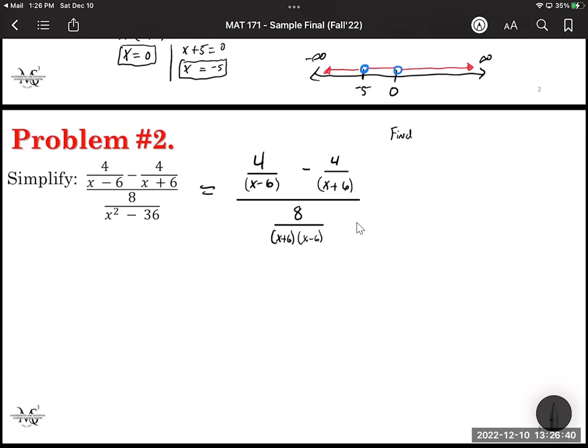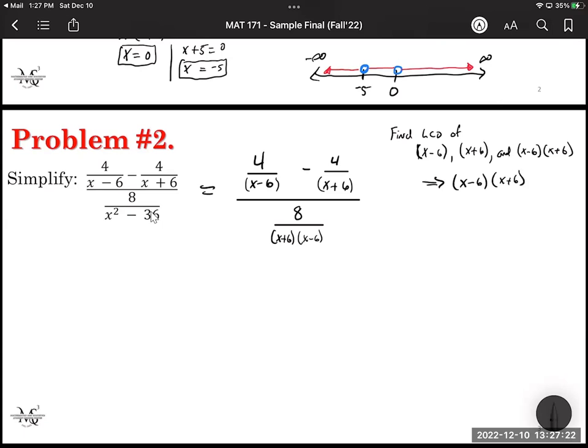Okay, so now I have to find the LCD between these three denominators, right? Find the LCD of x minus 6, x plus 6, and x minus 6 times x plus 6. Well, what do you think will be the least common denominator between these three expressions? X minus 6 and x plus 6. Yes, that's correct.